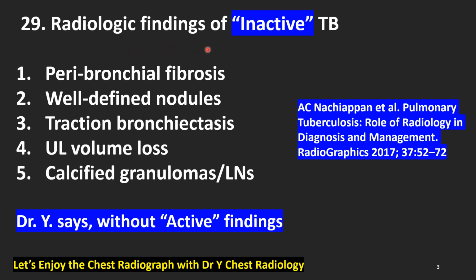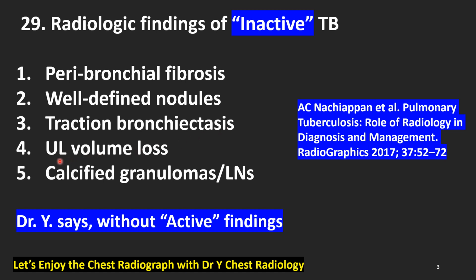Radiologic findings of inactive tuberculosis, also written by Dr. Nachapan, Radiographics, 2017. I also repeat the inactive findings, actually stable findings. Number 1, peribronchial fibrosis. Number 2, well-defined nodules. Number 3, traction bronchiectasis.